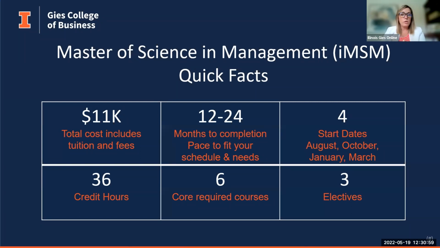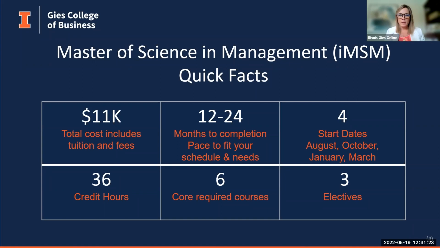The MSM degree costs right around 11K, and you can finish this degree in just 1 year. This degree does have the same flexibility as all of our degrees do in taking 1 or 2 courses each 8-week term, totally paced by you, and it just depends on what your work and life schedule looks like at that time.